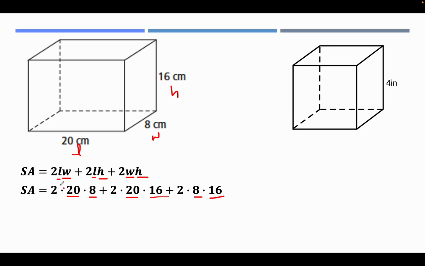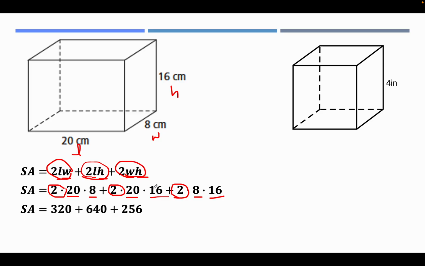Don't forget to include those times 2s because that will make sure we get the entire rectangular prism, not just half of it. Multiplying each set of 3 together would give you 320 plus 640 plus 256, and finally adding them gives us 1,214 centimeters squared.